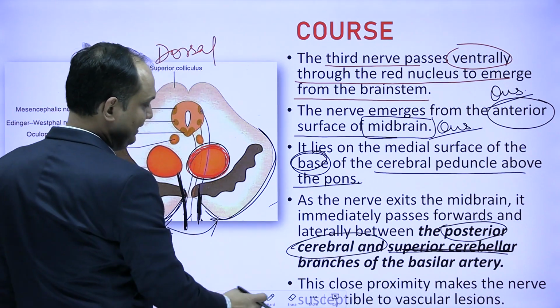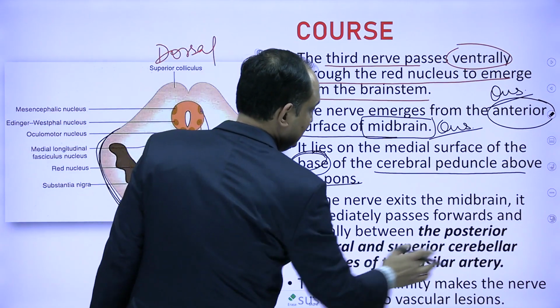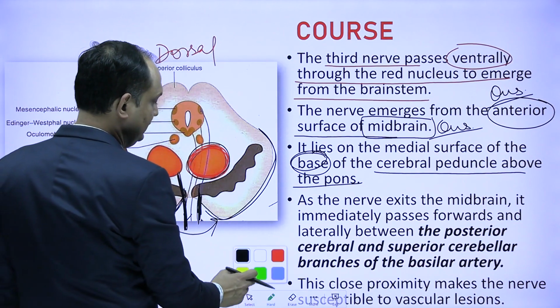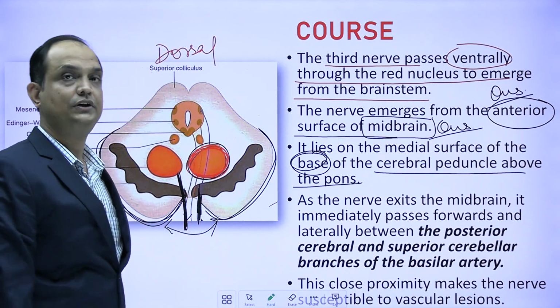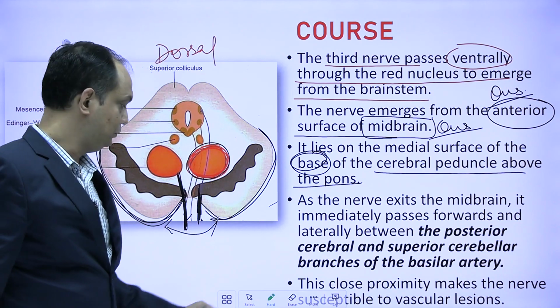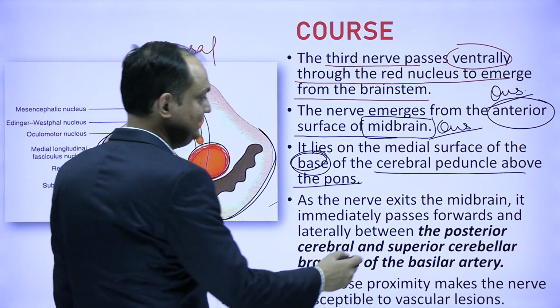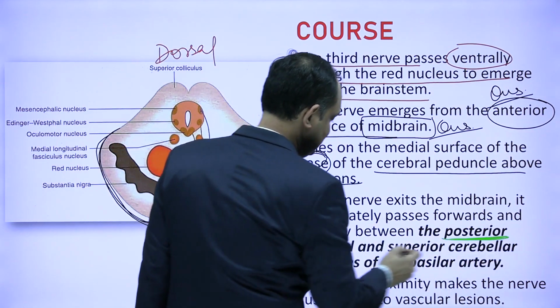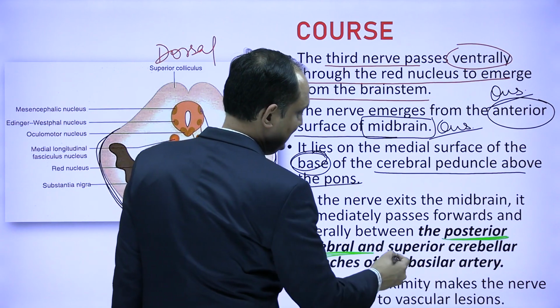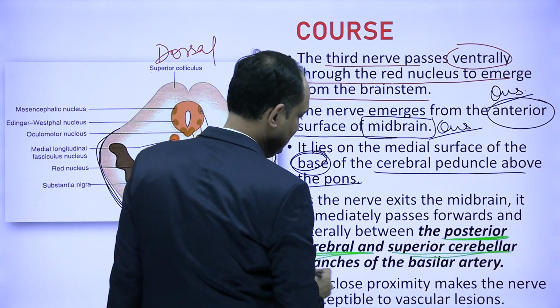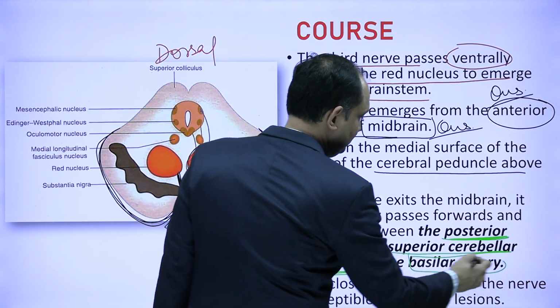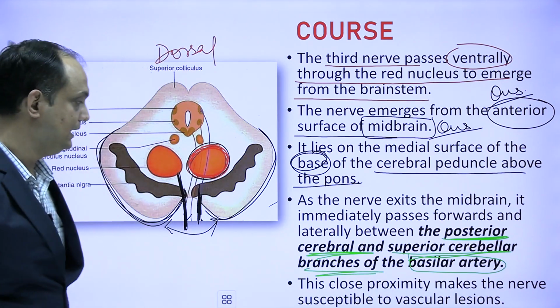So, here you have to understand that there are two arteries that come in close relation to the oculomotor nerve near its exit, and these are the posterior cerebral artery and the superior cerebellar artery. These both are branches of the basilar artery.